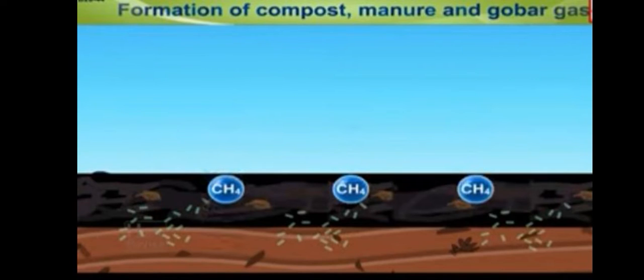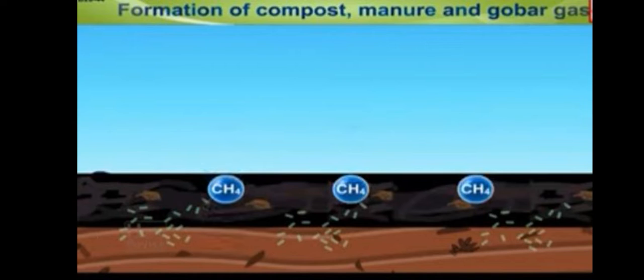The next very important use of microbes is that they are used in formation of compost, manure and gobar gas. Here you can see in this picture, whatever organic waste mixes into the soil, microorganisms or microbes act on that organic waste, and in this process, here you can see CH4.